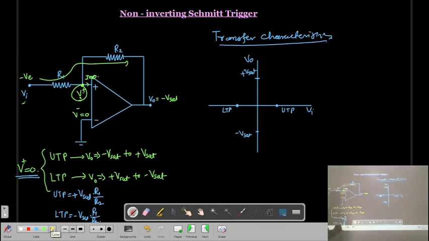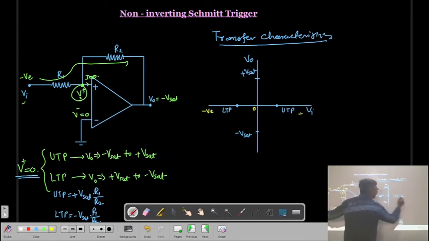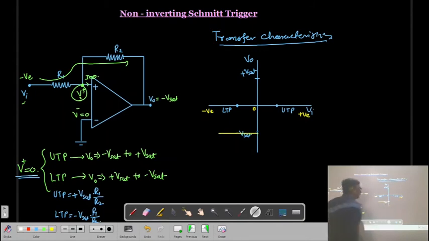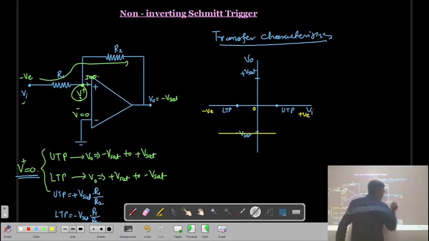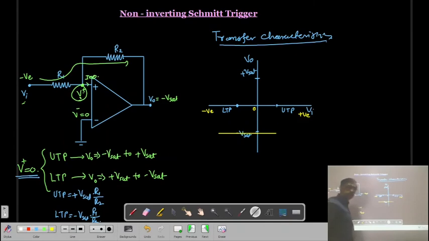In that case, here is the large input voltage, this is 0 volt, and we have a negative voltage on this side and the positive voltage on this side. So when the large negative input voltage is there, the output of this Schmitt trigger circuit is in a minus V saturation, and it will remain in a minus V saturation till the input voltage crosses the UTP.